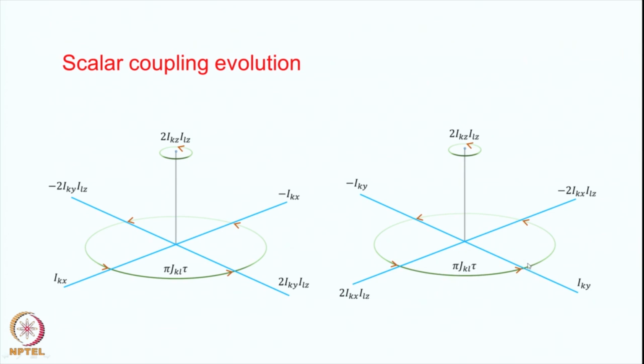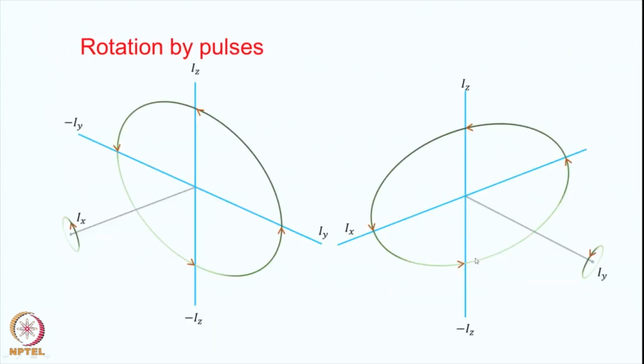Similarly, here if you are rotating by an angle pi by 2, that depends upon your value of tau, then this goes completely into this, but if it is less than that, the vector can be somewhere here, then you will have a cosine component here and a sine component. So, this is the way we actually calculate the evolutions under the influences of various Hamiltonians.